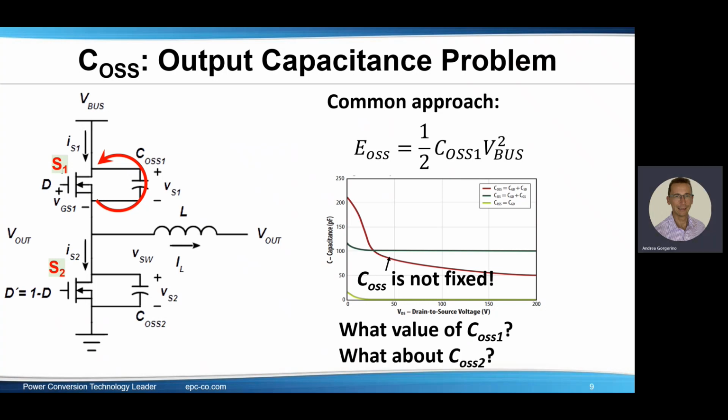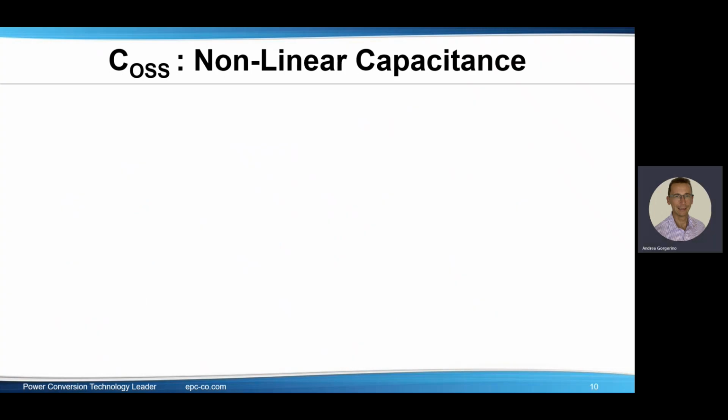Then we also said that S2 does not have any switching losses, right? However, if you put a large capacitor in parallel with COSS2, it will impact the behavior of this converter. So how do we account for that? We need to take a look at the nonlinear effect of this capacitance.